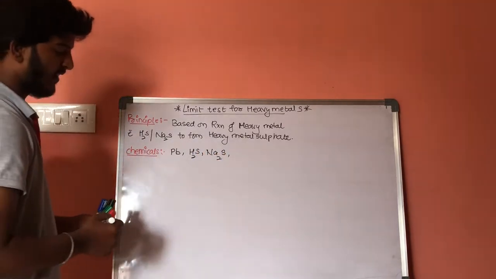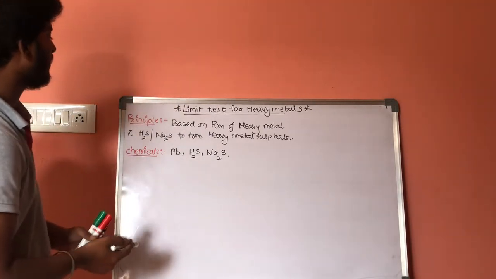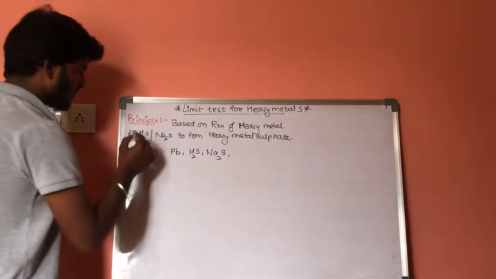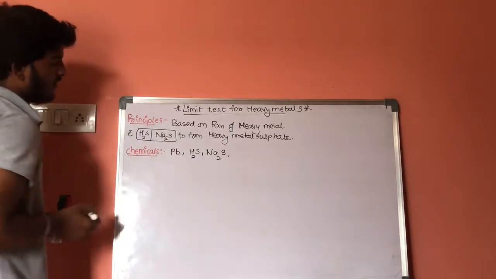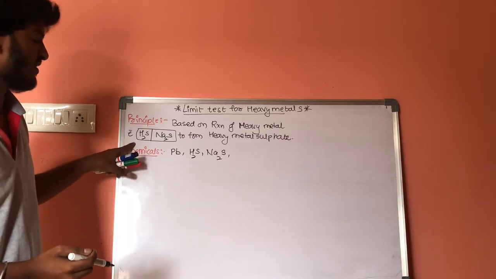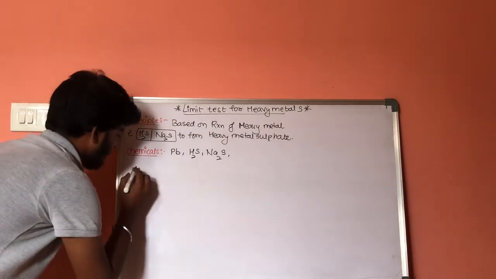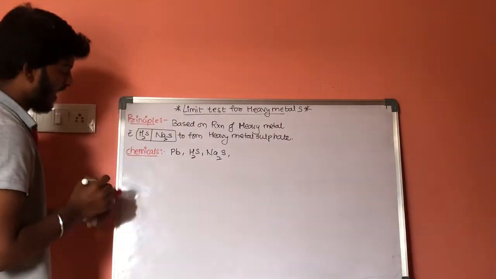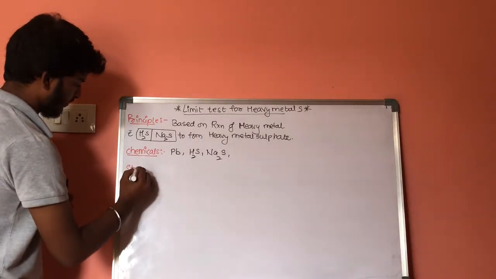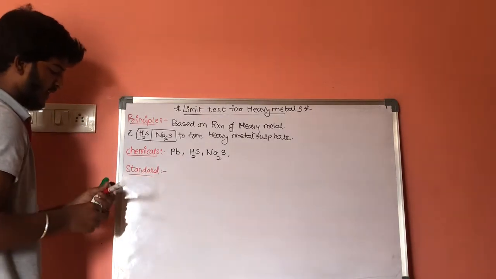Here we have discussed that these hydrogen sulfides and sodium sulfides are used. Now, in what conditions are they used? Let us consider a reaction, and before considering the reaction, the standard solution which is used is lead, the heavy metal.